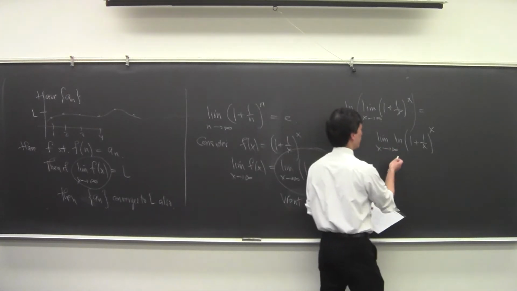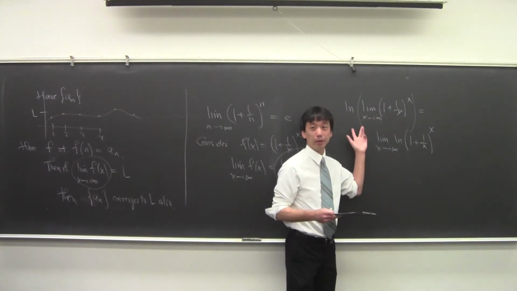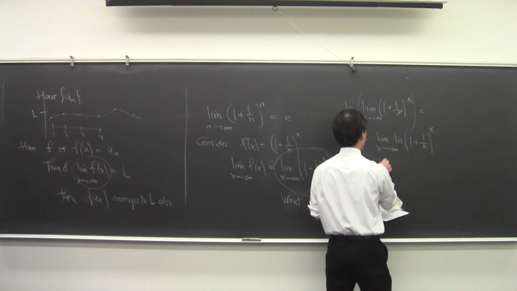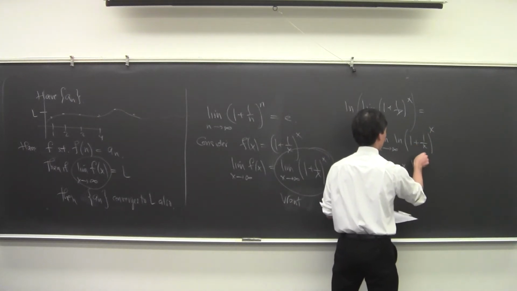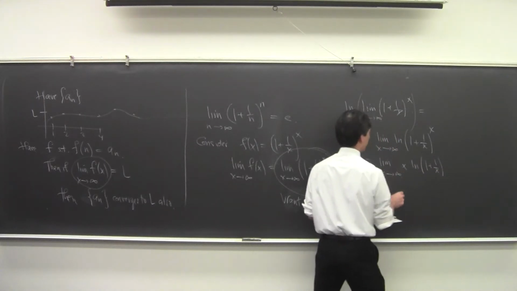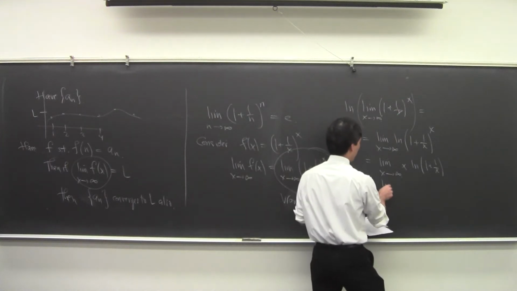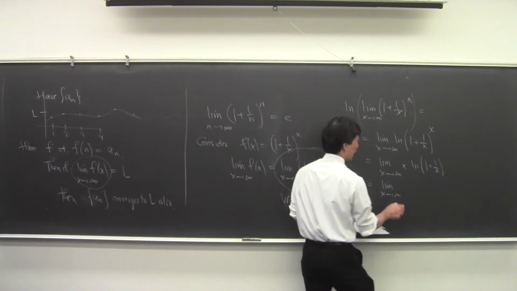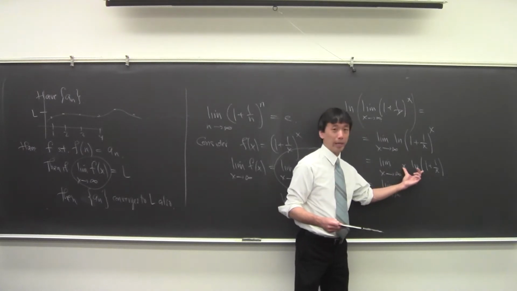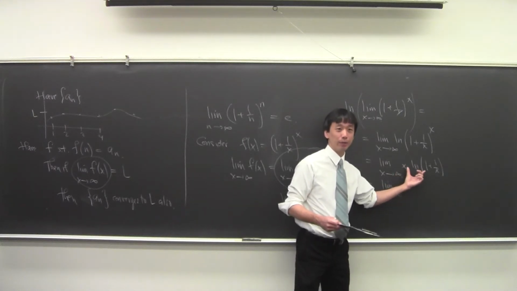So I get the natural log of the limit, and I can switch the order of natural log and limit. I can pull the x down because of the properties of the natural log, and you end up with x times the natural log of (1 plus 1 over x) as x goes to infinity, which is again an indeterminate form, what people call infinity times 0.